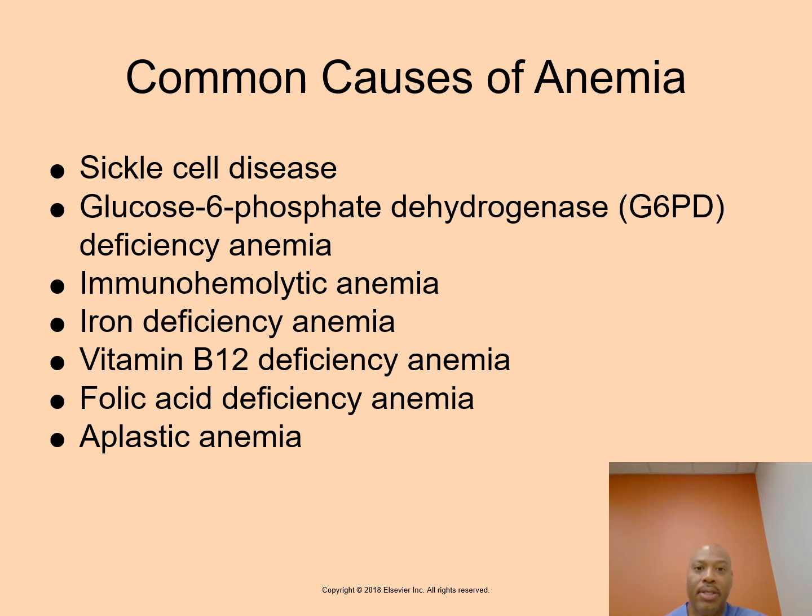There's also iron deficiency anemia, or IDA. This is where you have a decreased iron supply. Inadequate iron intake might be due to diet. It may also be due to chronic alcoholism, and there's also some additional information there.